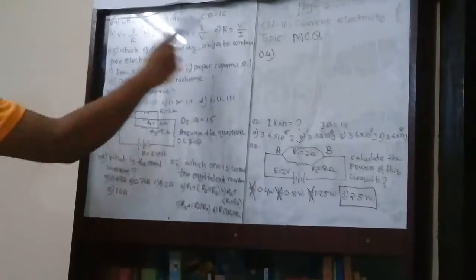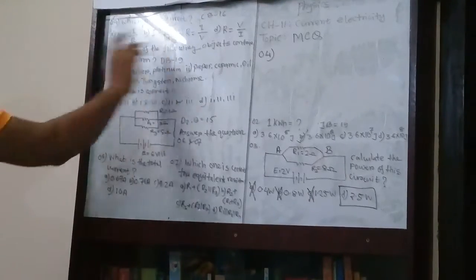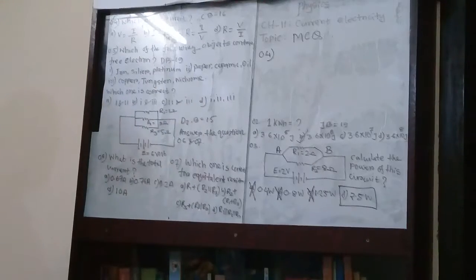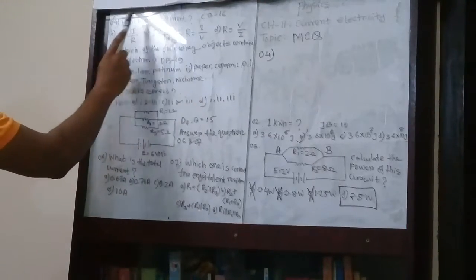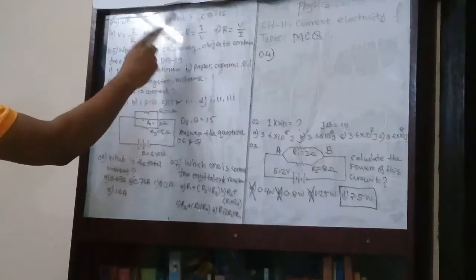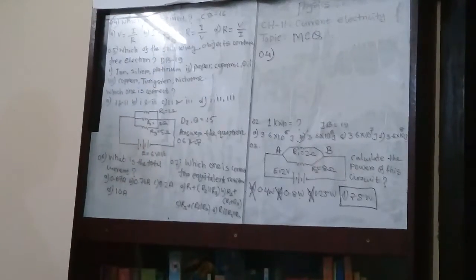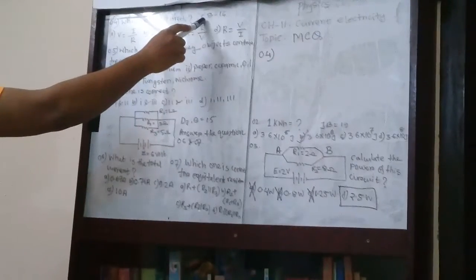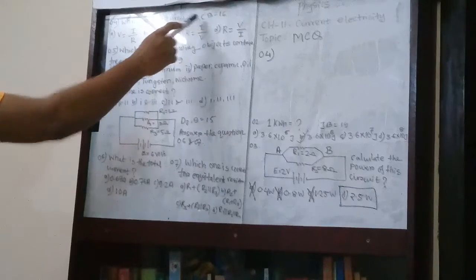The following equations are given here, and all of these terms are related to Ohm's law. So the question is which one is correct? This is a question that appeared at Comilla board in 2016.